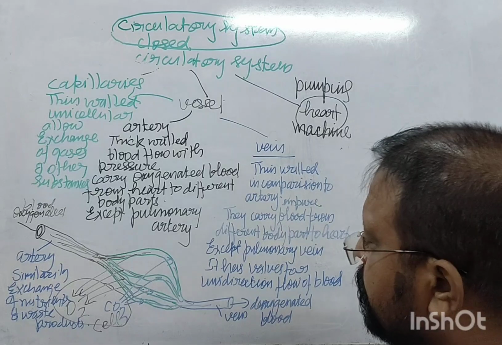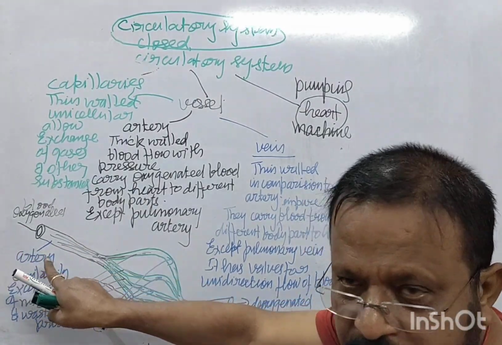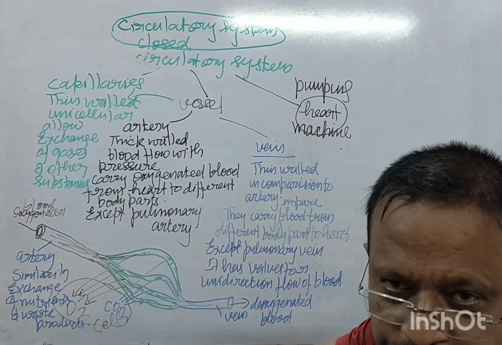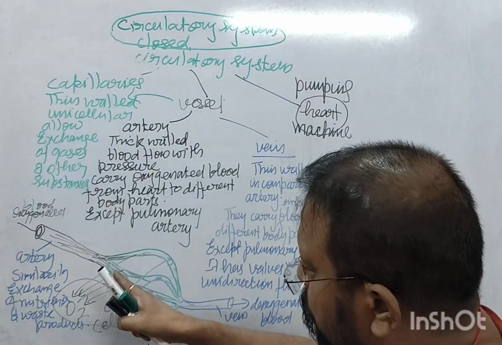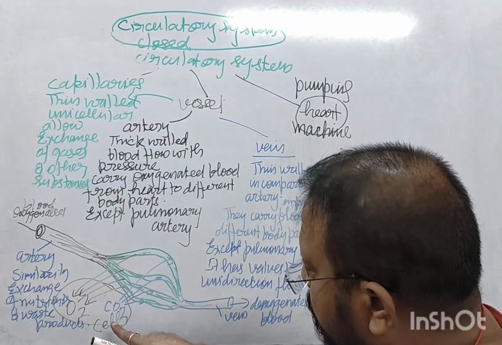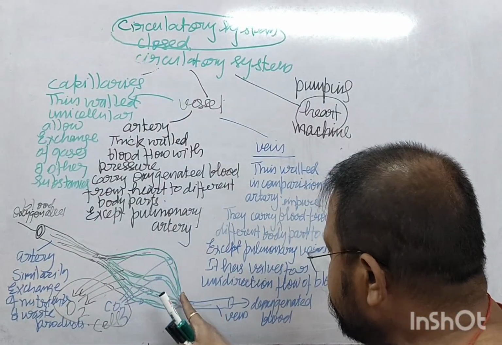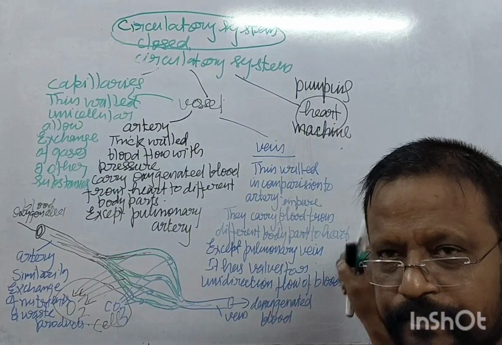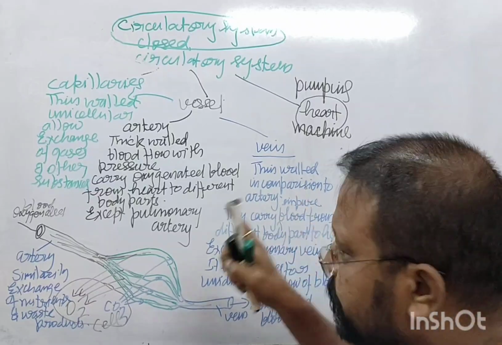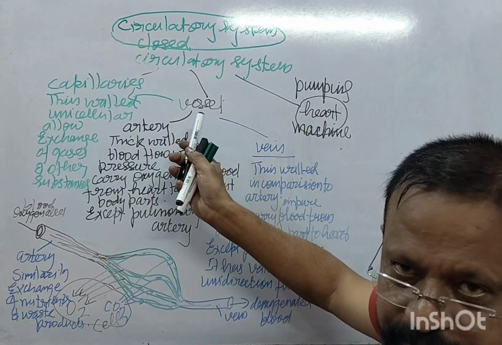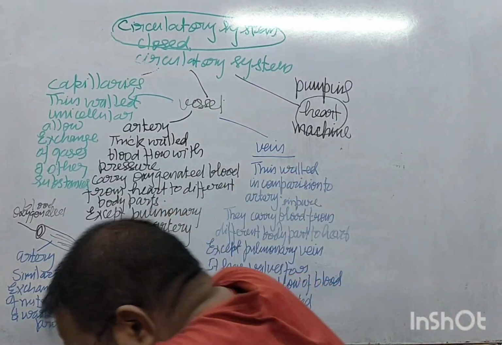I hope you understand. This is artery, oxygenated blood and nutrients are coming. They are transferred to the cell because capillaries are thin-walled and unicellular. Nutrients and oxygen are given, and carbon dioxide and excretory products, waste products, are taken here, and via veins go to the heart. This is the functioning of these vessels, right? So we have this much.